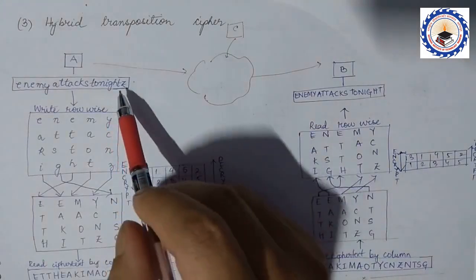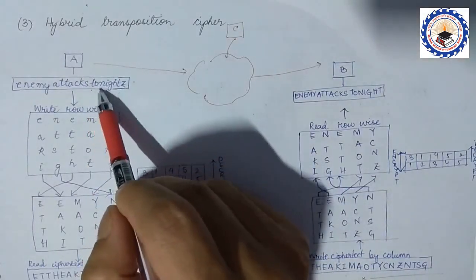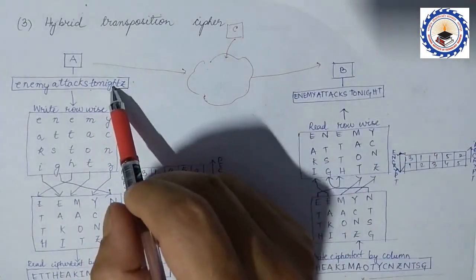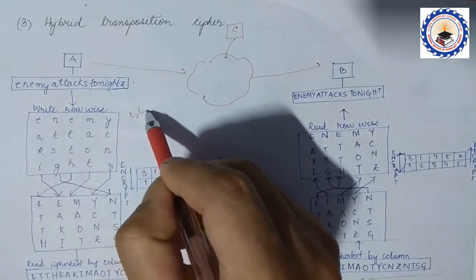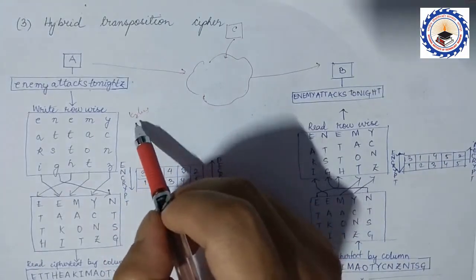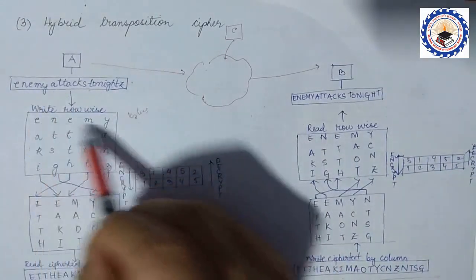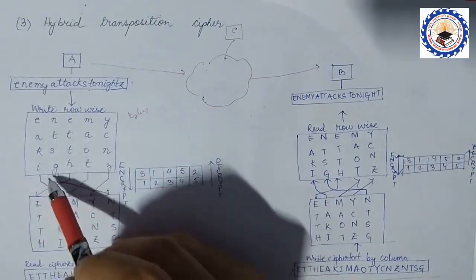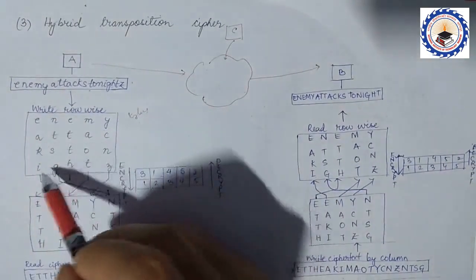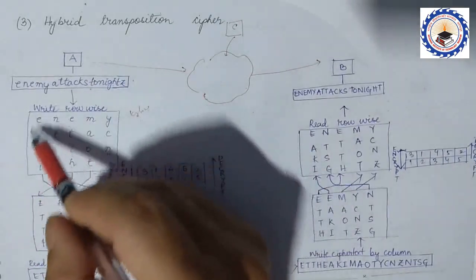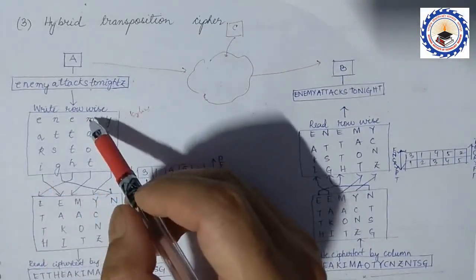In this example, I want to send this plain text. First of all I perform the keyless transposition cipher, which means I write the text row wise. So this concept is writing row wise.